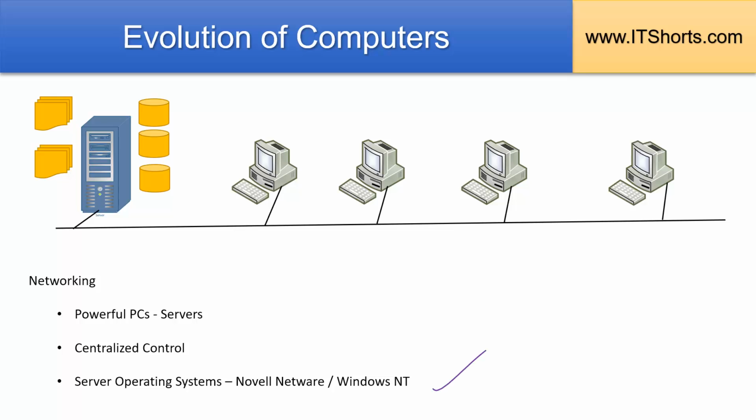Unix, Novell NetWare, Windows NT back in the 90s, and now Windows Server OS are and were good examples of server operating systems. The reason I am saying were, as in past tense, is Novell NetWare, which revolutionized the PC networking industry, does not exist anymore. So is Windows NT.